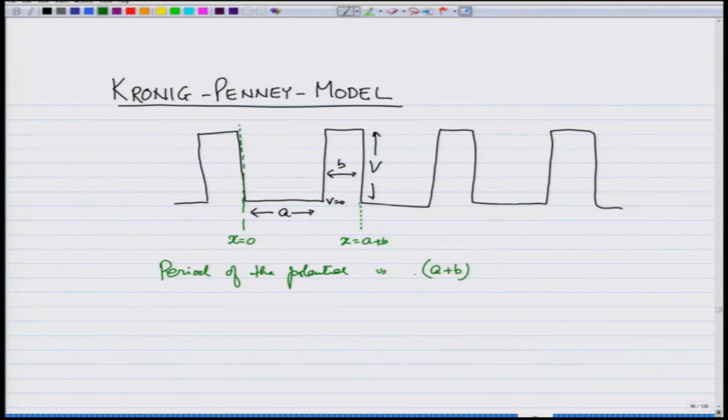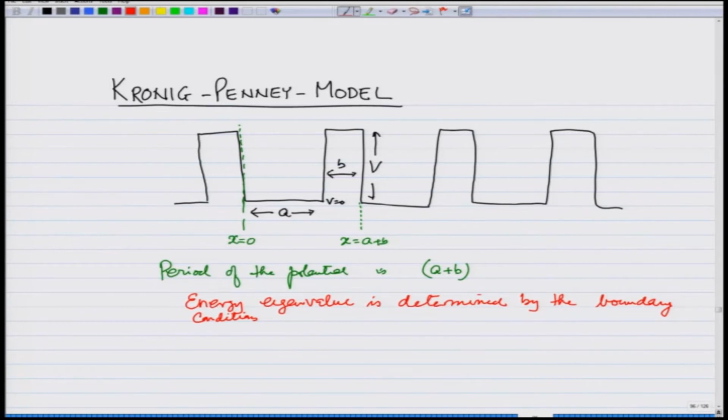How do I calculate the energy for each k? Now, recall in earlier cases that the energy eigenvalue is determined by the boundary conditions.